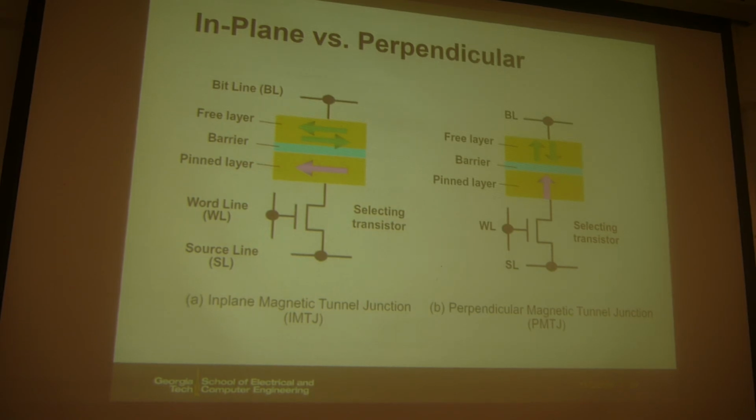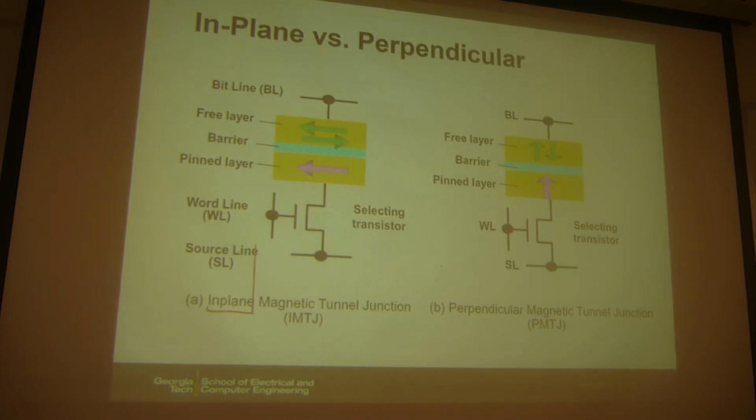Okay, so let's talk about some recent progress in the STT-MRAM field. I think in 2005 or 2006, when STT-MRAM was first introduced, it was based on the so-called in-plane MTJ structure.